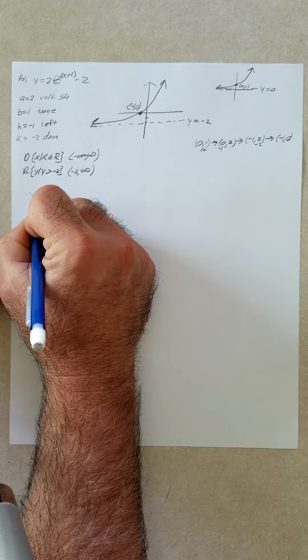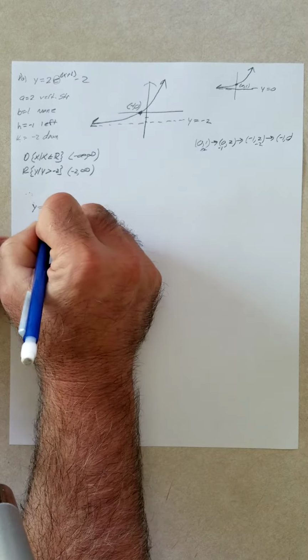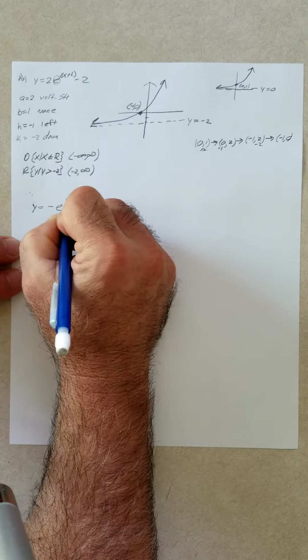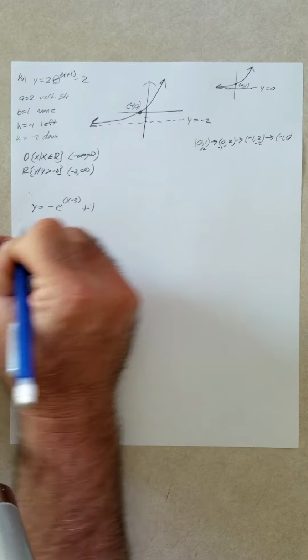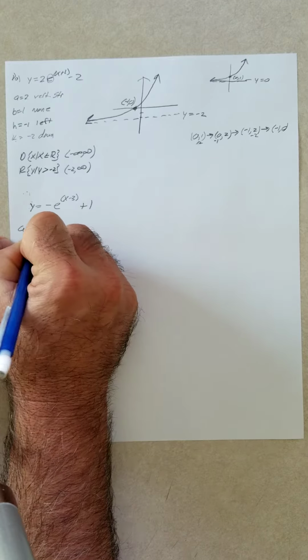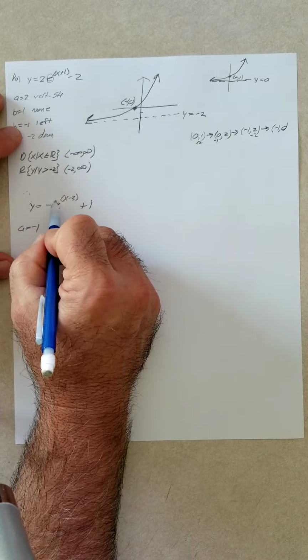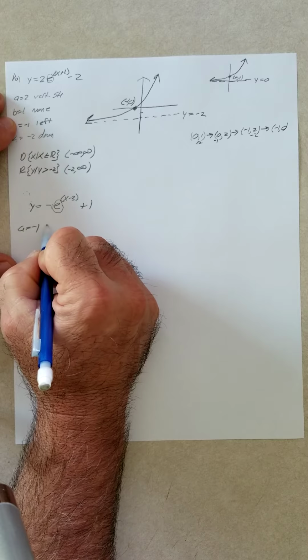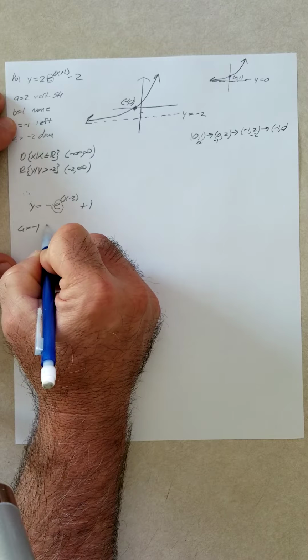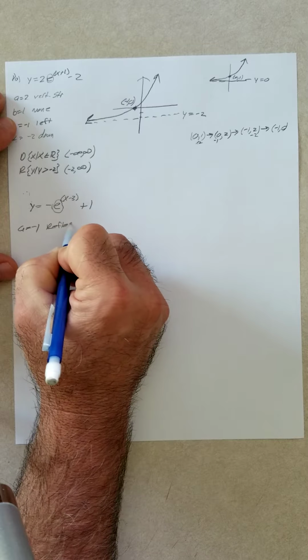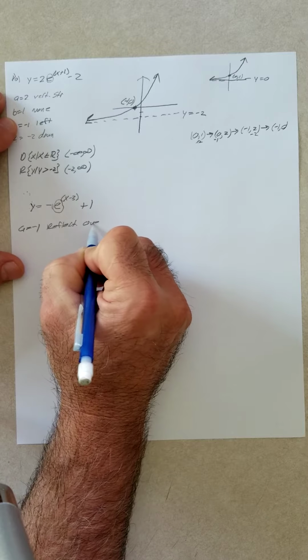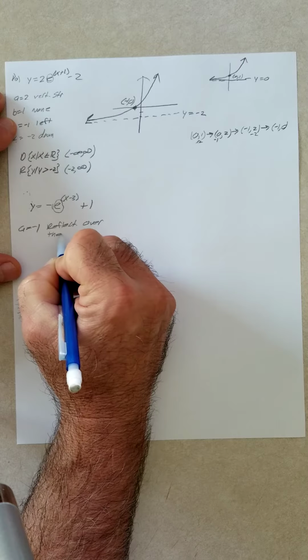All right, b is going to be y, or g of x, is equal to negative e to the x minus 3 plus 1. Again, a equals negative 1. That's the negative 1 in front of this e. So that's going to be a reflection over the x-axis.